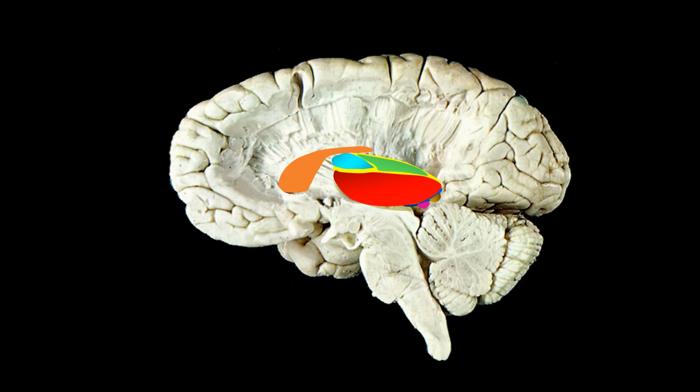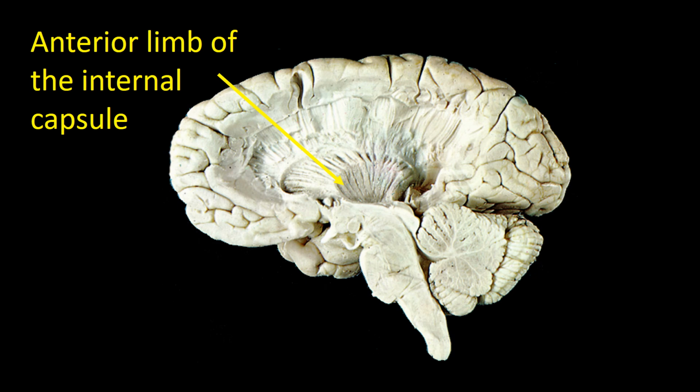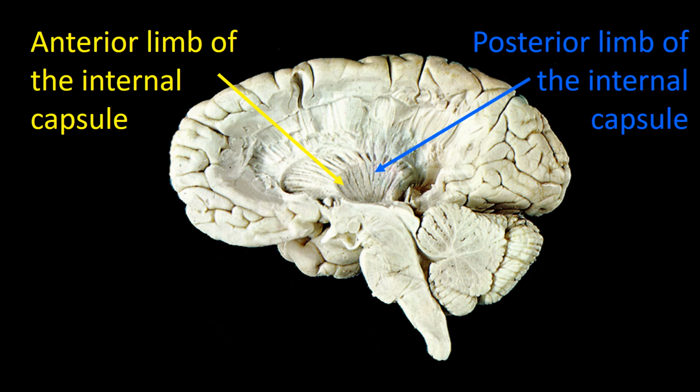Further dissection towards the lateral surface will first reach and remove these two structures, allowing us to see their indentation made by this structure upon the internal capsule. Thus, we will be able to see the anterior limb of the internal capsule, the posterior limb of the internal capsule, and between them, the genu.